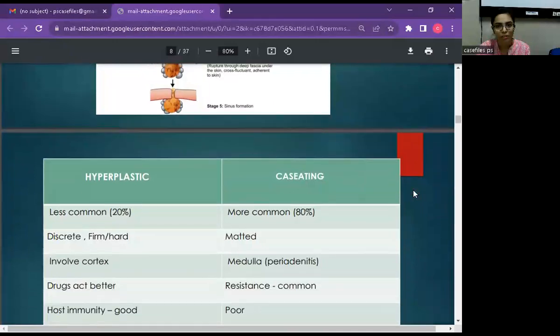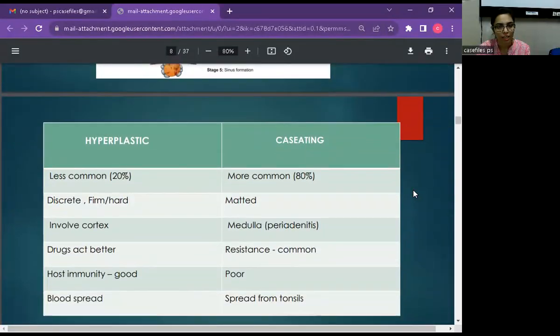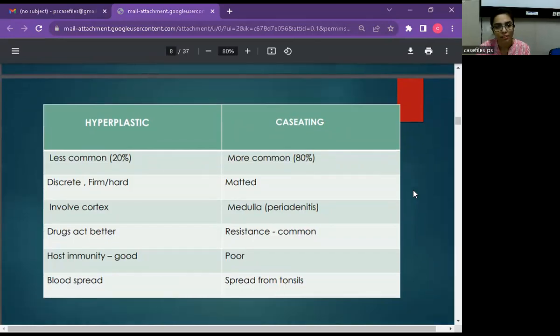Lymphadenitis is most commonly hyperplastic or caseating type. Caseating is more common and hyperplastic is less common, and it presents as discrete, firm or hard lymph nodes. In hyperplastic, there is involvement of the cortex of the lymph nodes, and that's why drugs act better in it.